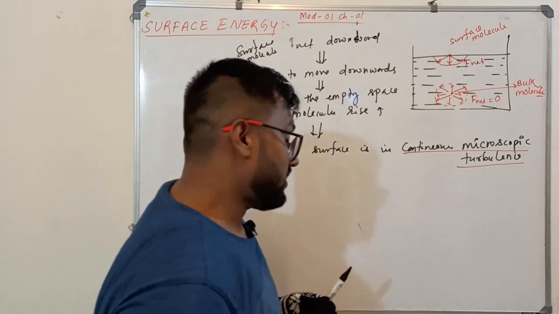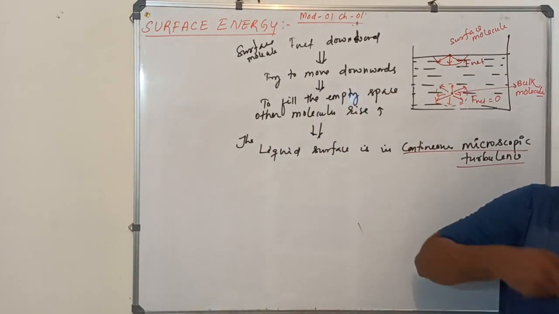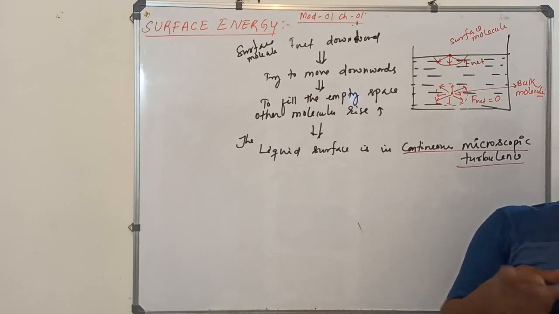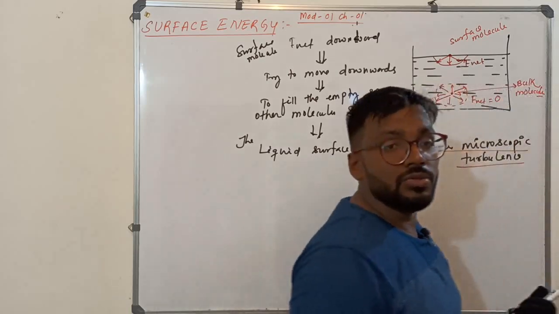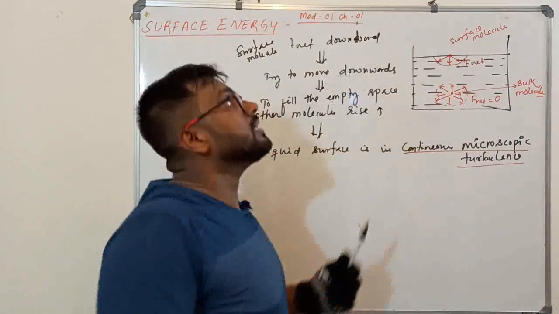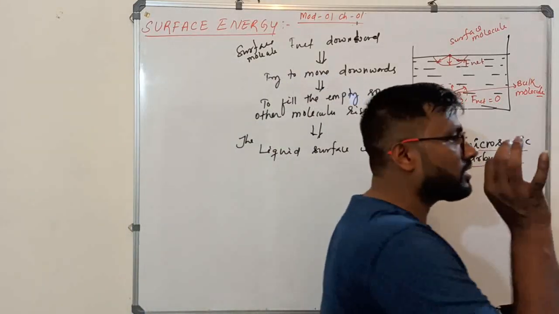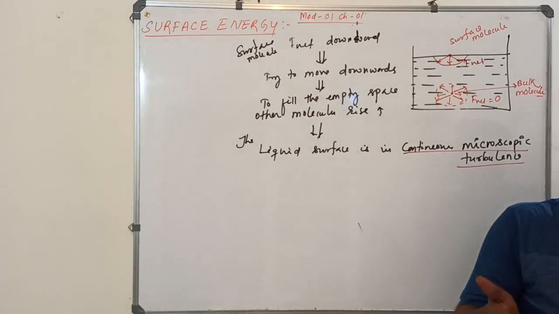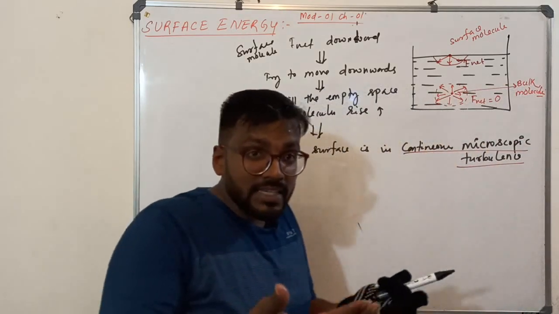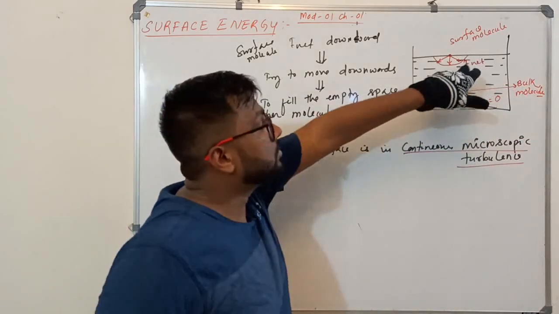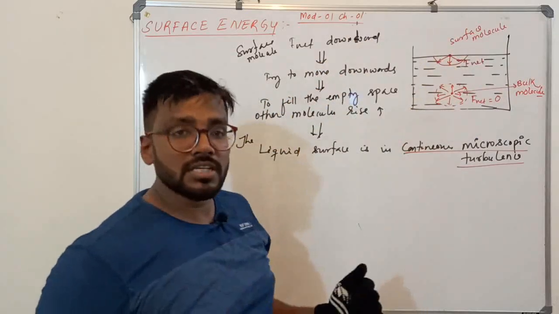But sir, you told F net of the bulk molecules is 0. So how are they going up? Unless they are doing some work. They have to do some work and go up. Isn't it? That means there has to be some work done against the force of attraction of the molecules below the surface.